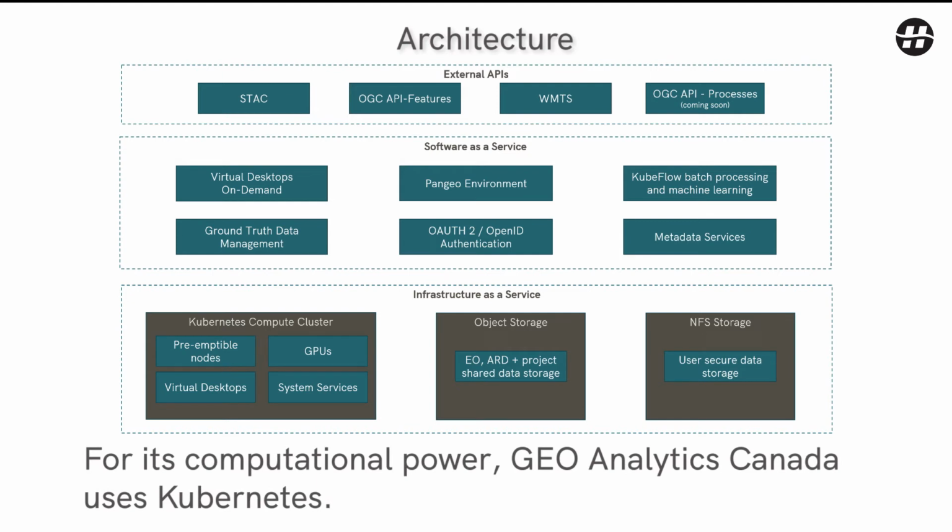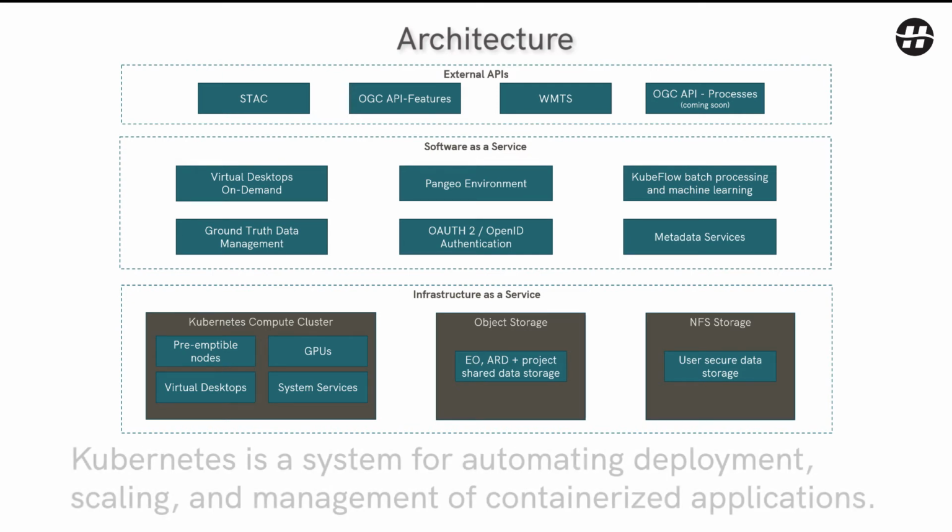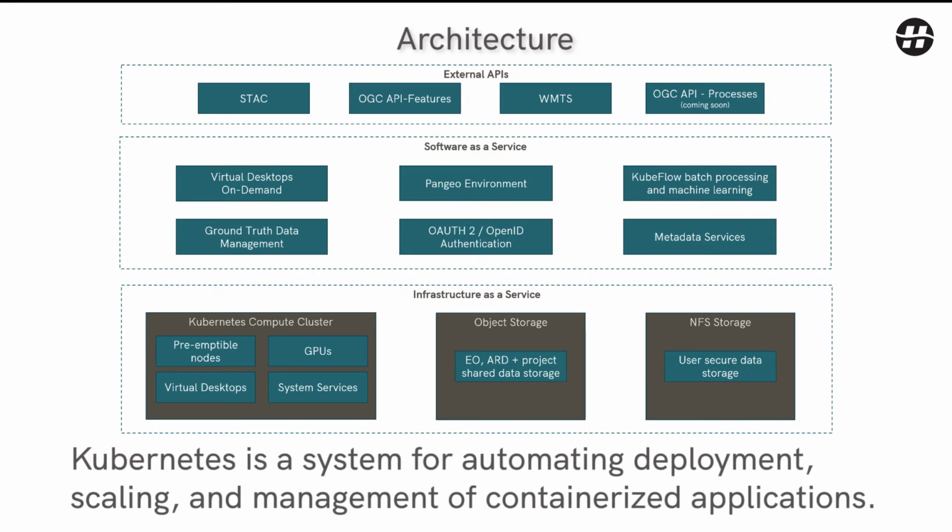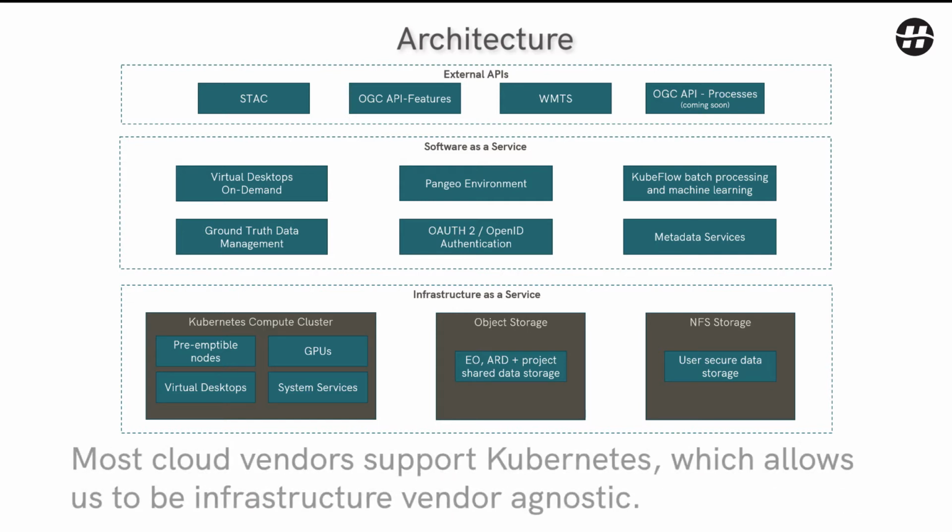For its computational power, GEO Analytics Canada uses Kubernetes, which is a system for automating deployment, scaling, and management of containerized applications. Most all cloud infrastructure vendors support Kubernetes, which allows us to be infrastructure vendor agnostic.